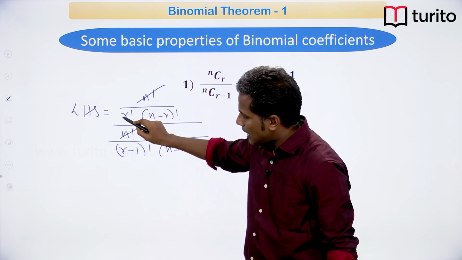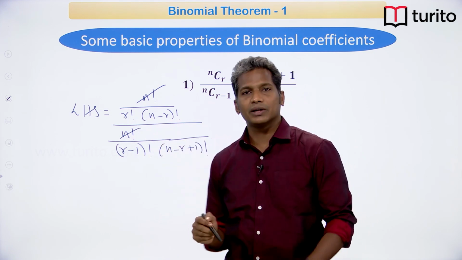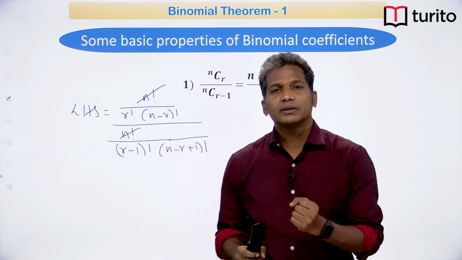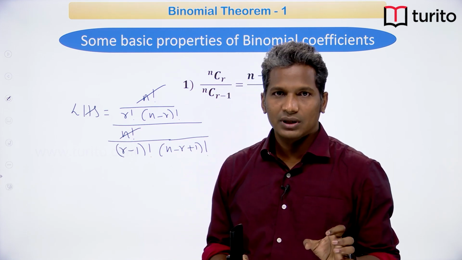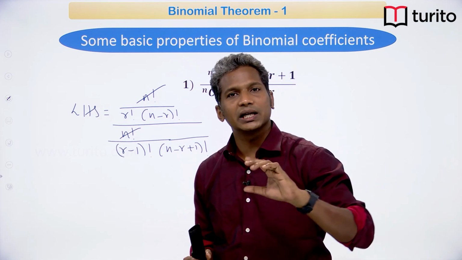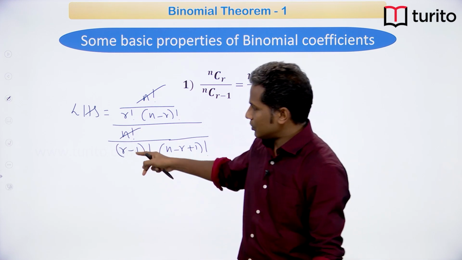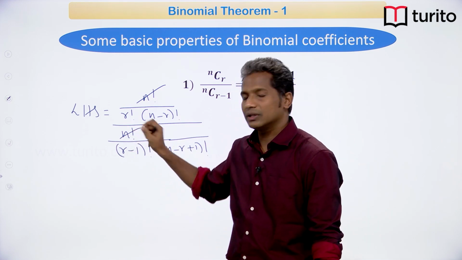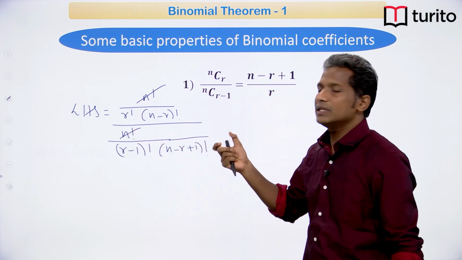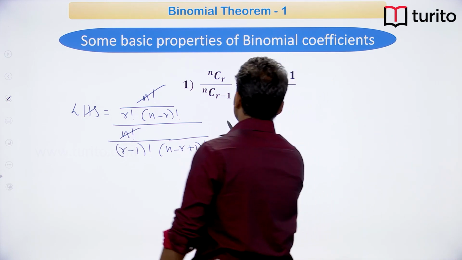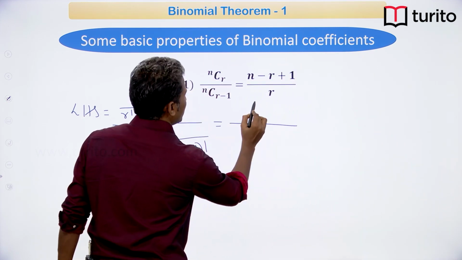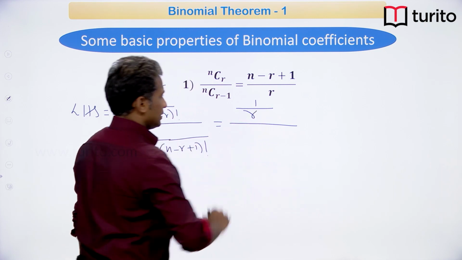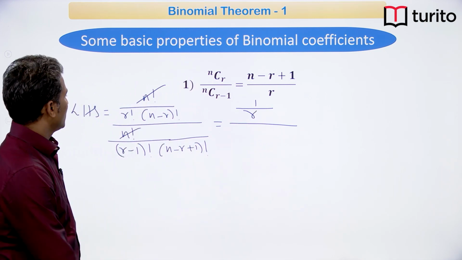Now out of this r factorial and (r minus 1) factorial, which is smaller? r minus 1 is smaller. So whatever is the smaller will get cancelled. So out of these two, (r minus 1) factorial will get cancelled, so what remains is r. So in the denominator of the numerator, r remains.